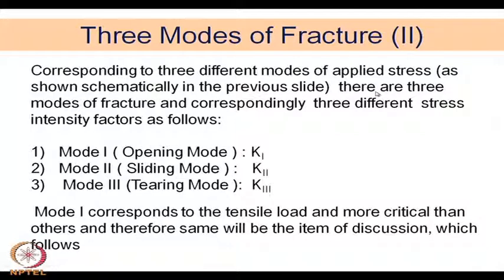Corresponding to these 3 modes of applied stress, there are 3 modes of fracture, and correspondingly 3 different stress intensity factors can be defined. Mode 1, the opening mode, has stress intensity factor K I or K 1, mode 2 is K 2, and mode 3 is K 3. So, it is opening mode, sliding mode and the tearing mode.